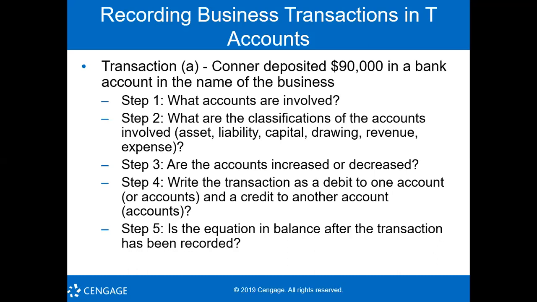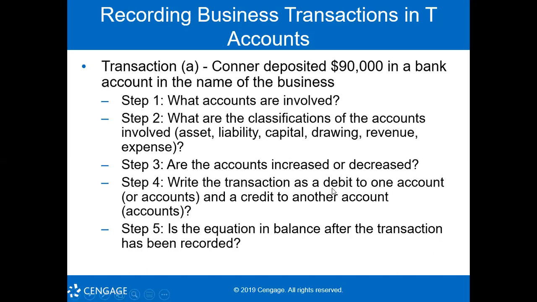So just like we did in chapter 1, we still have to think about what accounts are involved. We still have to think about what the classifications of the accounts are. Are they assets, liabilities, revenue, expense accounts? What accounts are going to be increased or decreased? And then we're taking this one step further now to record this transaction as either a debit or credit.